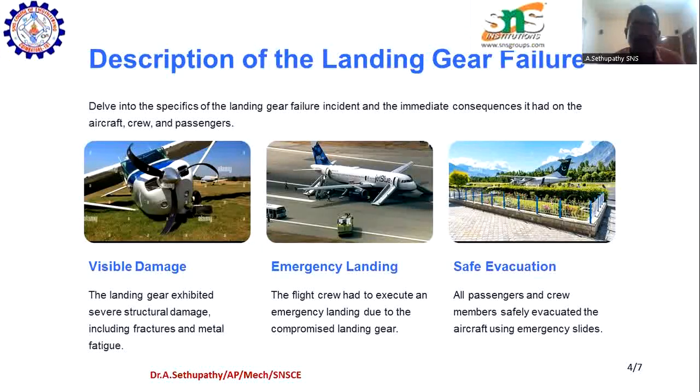Delve into the specifics of the landing gear failure incident and the immediate consequences it had on the aircraft, crew, and passengers. Visible damage: the picture shows the damage of the aircraft from the landing gear failure. So this is how the aircraft falls down on the ground due to failure of the landing gear.